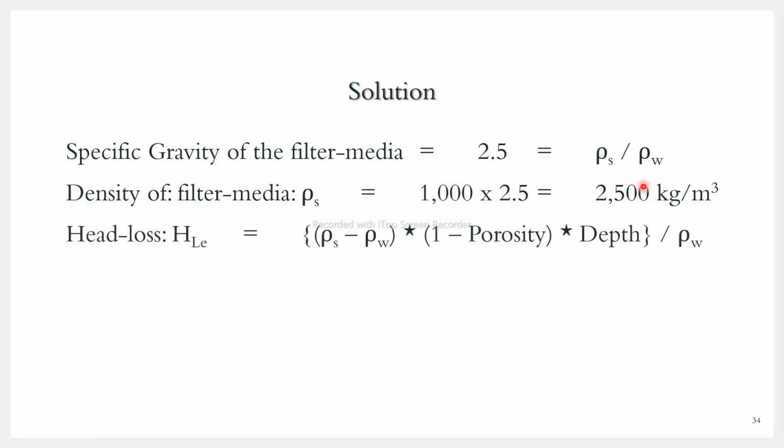Now this is the formula for the head loss: (rho s minus rho w) into (1 minus porosity) into the depth of the filter media, divided by rho w. You can simplify it this way: (specific gravity minus 1) into depth into (1 minus porosity).